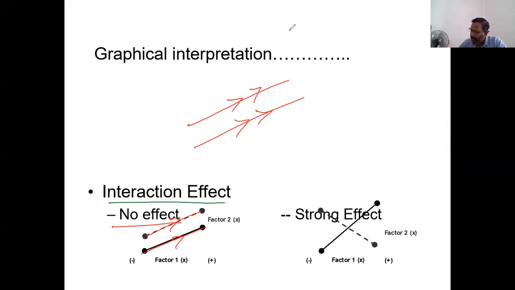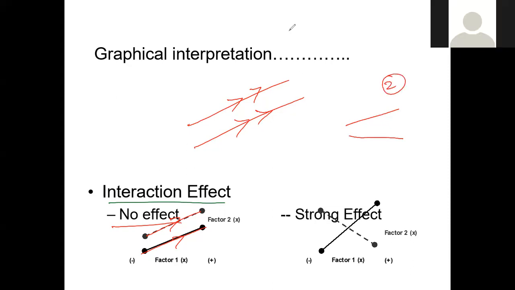But if there's no parallel, for example, look at these two lines. Are these two lines parallel? No, sir. Here it's not parallel. So if the lines are not parallel, then we can say there's an interaction present.